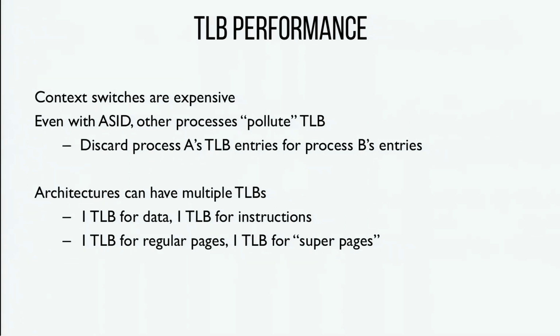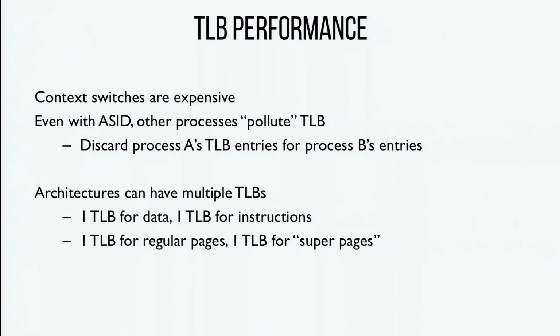Other things for you just to be aware of, we don't usually just have one TLB in modern architectures. TLBs are cheap, but they really, really improve performance, so we want TLBs to be large. They're certainly fully associative. We can have a separate TLB for data accesses and a separate TLB for instructions. And then a thing that's being done these days, instead of just having all pages be 4 kilobytes, to help TLB performance, it's pretty common to have these super pages, like a page that's 1 megabyte in size.